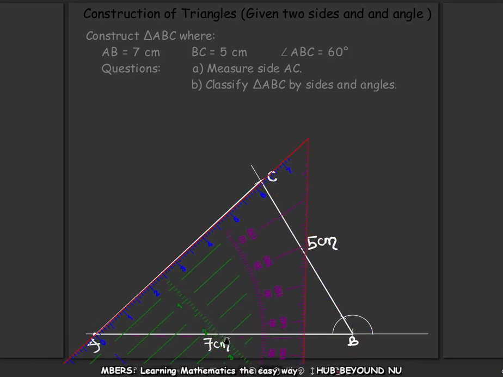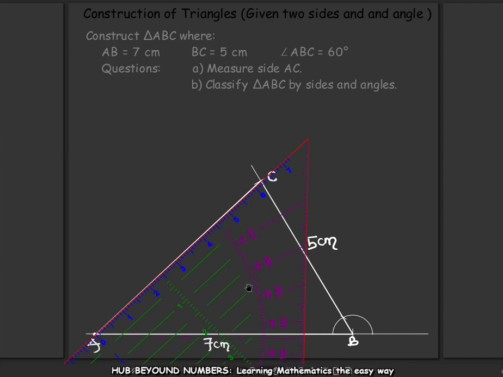On mine, my AC is going to be, let's say, 6.3. You can also measure yours. One tip in construction is whenever you are constructing, make sure the tip of your pencil is very, very thin. If the tip of your pencil isn't small, you'll be getting a lot of errors.